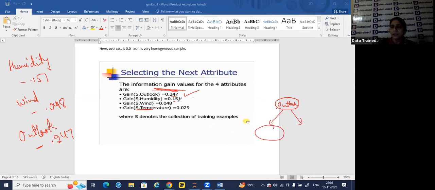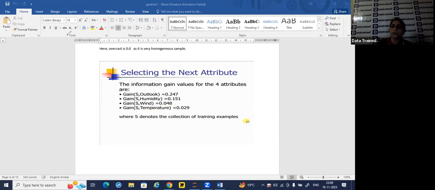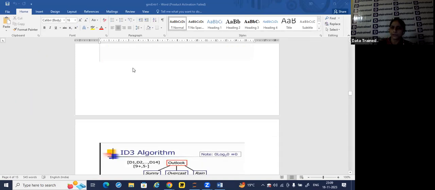Then your humidity, that one is 0.151. Then wind. So in this way, your root node and branch nodes are created.